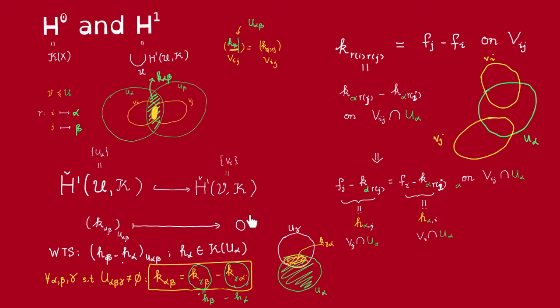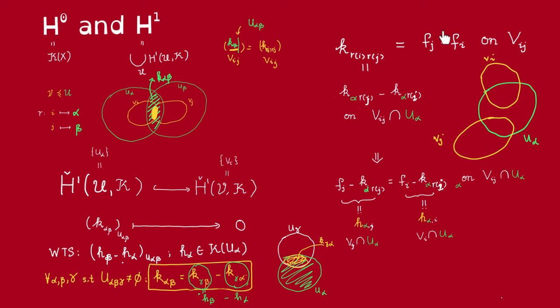Since this maps to 0, this means that this cocycle maps to a coboundary. So what does that mean? That means that there must exist sections F_i on V_i such that this K_{r(i), r(j)} must be equal to F_j minus F_i, because these form the image of this one cocycle. So we should have this, and by the cocycle condition we can split this into K_alpha r(j) minus K_alpha r(i).